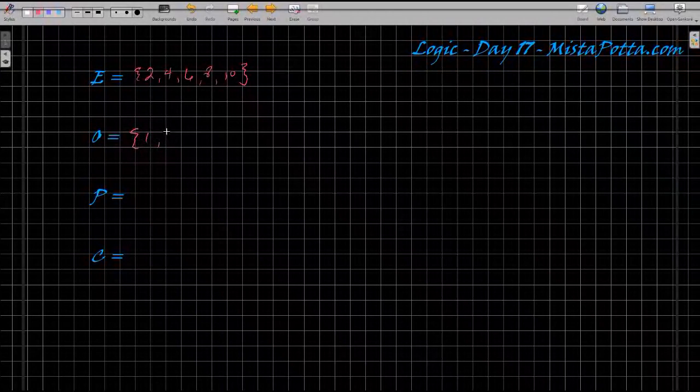So I'm going to put 1, 3, 5, 7, and 9 into that set. I've got P, and I'm going to let P represent my prime numbers. So the prime numbers that are less than or equal to 10 would be 2, 3, 5, and 7.